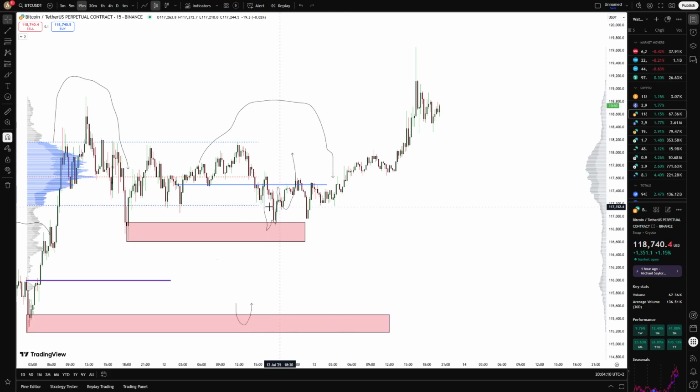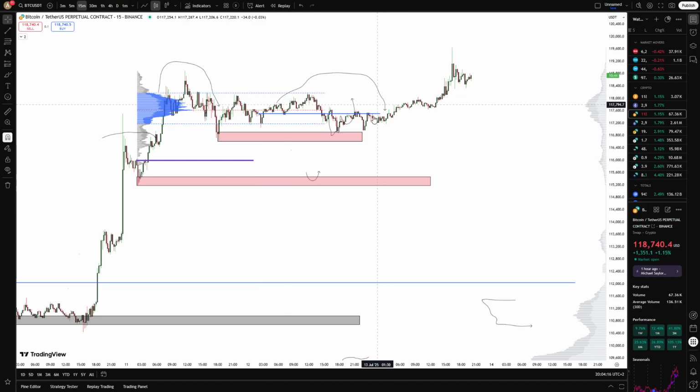So on a lower time frame, we wanted to reclaim that value area low, right? Because if this managed to hold, we quite literally should go straight towards that POC again. And in the end, it even deviated all the way back towards that value area high.